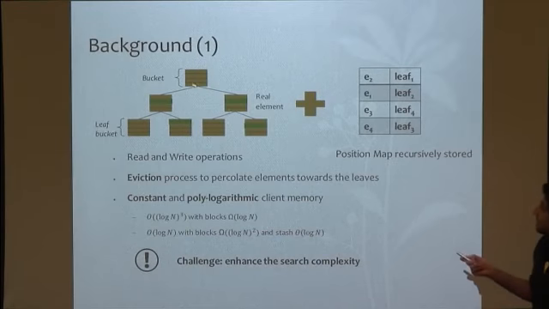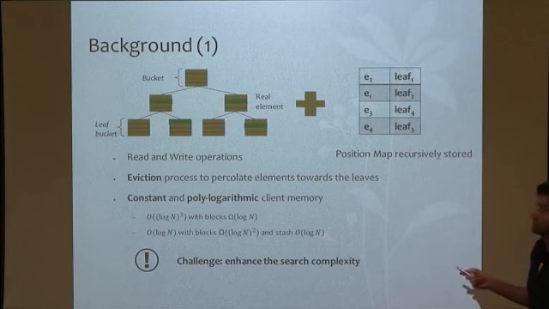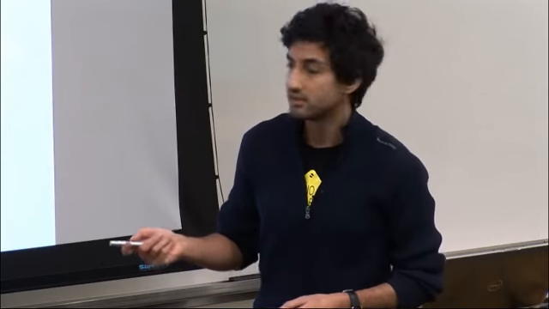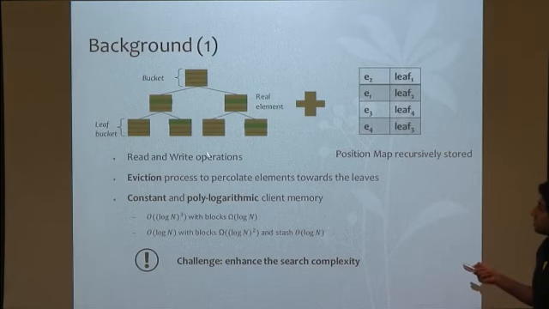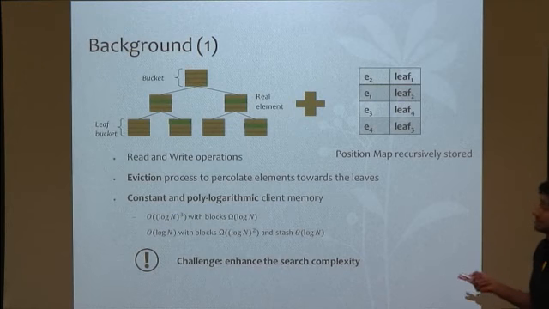So if you want to store n elements, you should create a binary tree of n leaves. Every bucket or node is composed of blocks. These blocks are the data that you are actually storing in your memory. You can see that we have a lot of blocks but a very small number of elements. This is for security purposes.